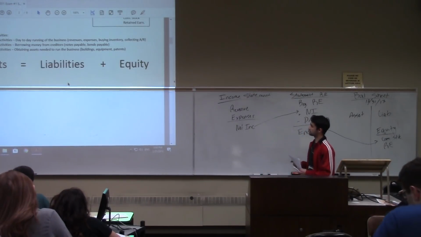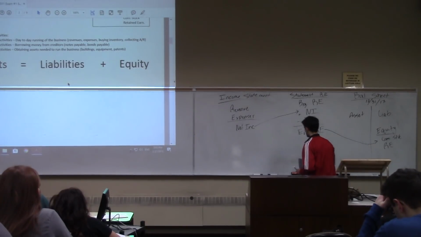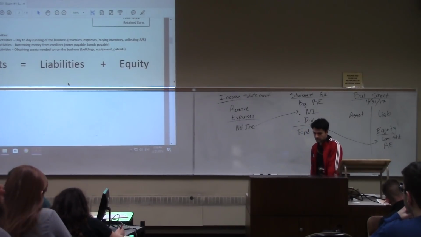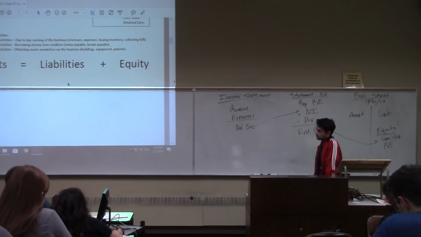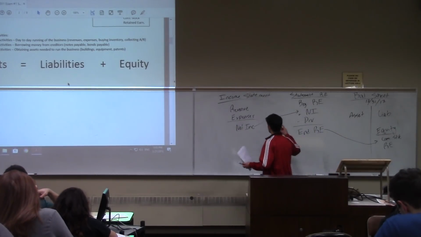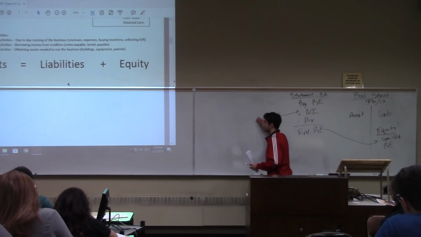We've got these three different business activities. We've got operating activities, which I put the definition down there. It's the day-to-day running of the business, so buying inventory, collecting accounts receivable, incurring expenses, getting revenues, anything day-to-day.